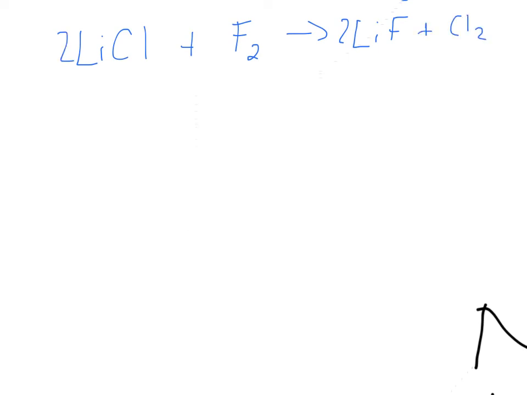Essentially what's happened is fluorine has taken the electrons because it is more reactive. It wants them more, and that's due to its effective nuclear charge. But if I was trying to react lithium chloride with bromine, we wouldn't get anything. No reaction, because bromine is not as reactive as chlorine.